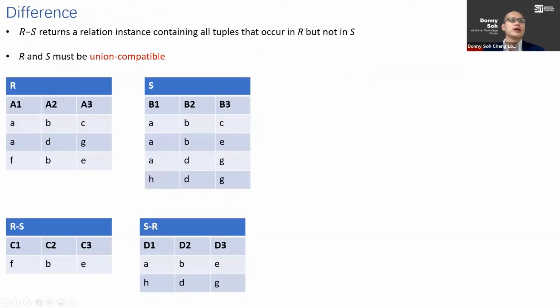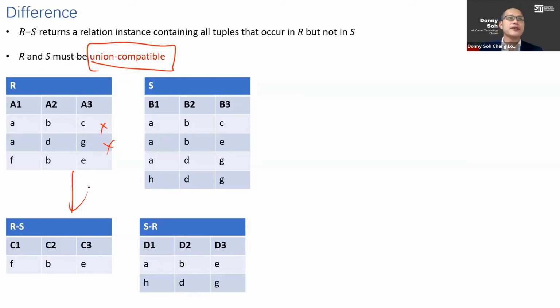So difference again requires the relations to be union compatible. So they must have the same number of attributes and they must have the same domain. So when you have R minus S, this will be this minus that, which is over here. So we have A, B, C, so this will be deleted away, and you will get this.